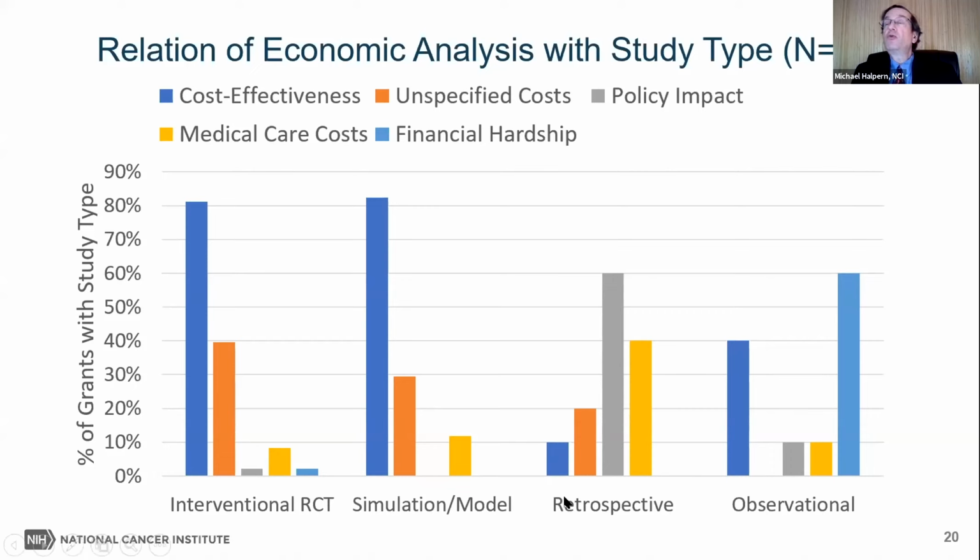However, grants that involved retrospective studies, a majority of those involved evaluations of policy impacts. While grants that involved prospective observational studies, a majority of those included studies of financial hardship. So there's clearly a relationship between study type and the kind of economic outcome that's being studied within the grant.